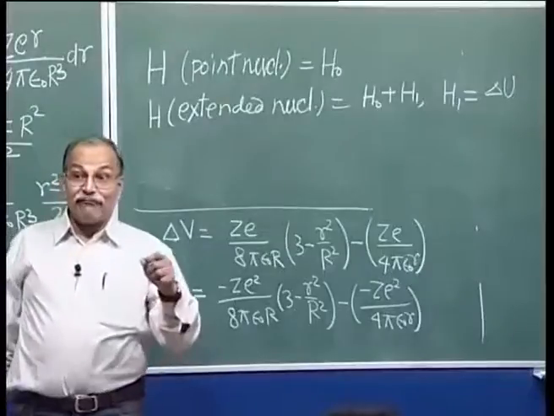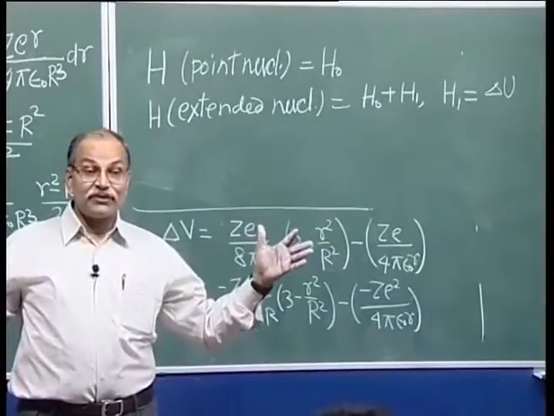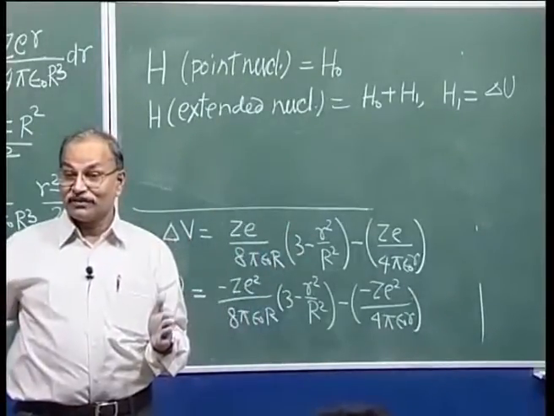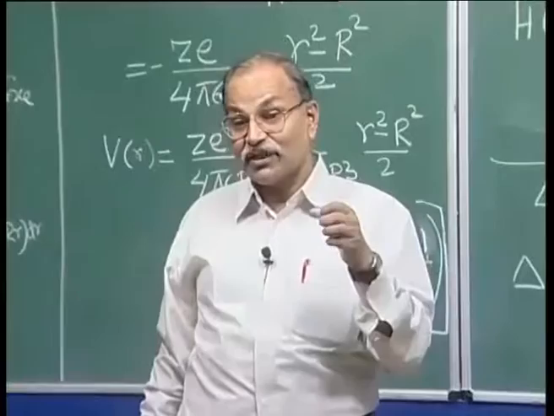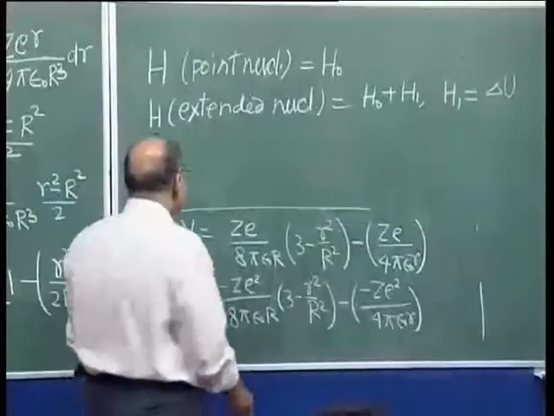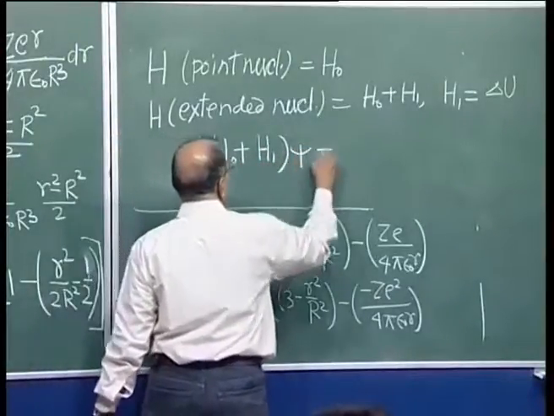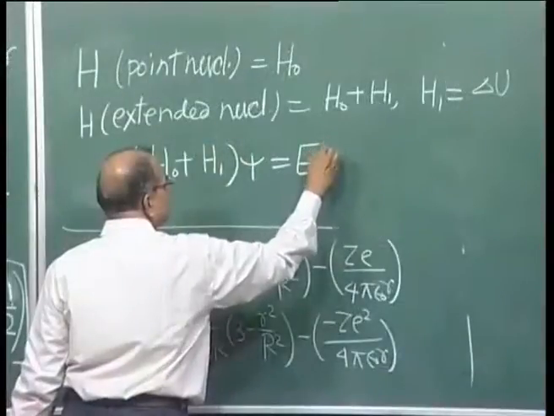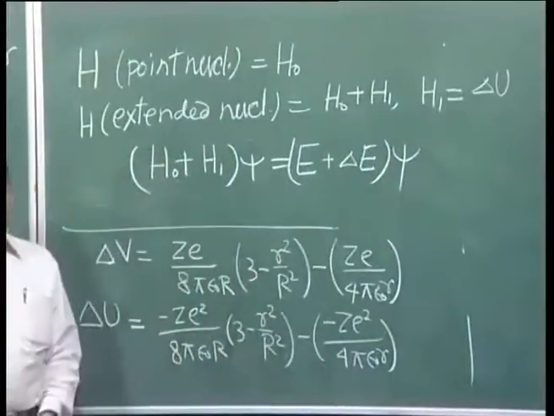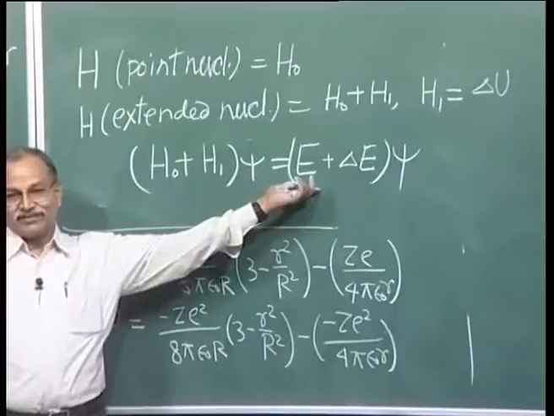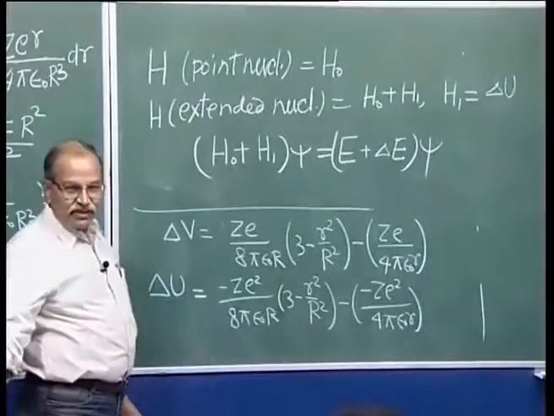Now, how does it affect the energy? Remember, energy we have gotten from solving the Schrodinger equation H psi equal to E psi. Now, H has become H naught plus H 1, previously it was H naught. So, now we have to again solve with H naught plus H 1. This is the new energy. So, I should use this Hamiltonian and get the energy, and for that the quantum mechanics procedure is quite simple.